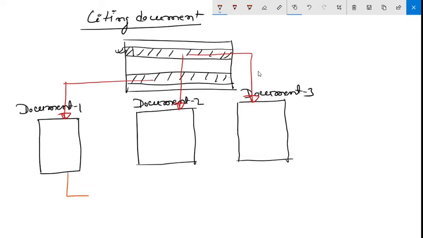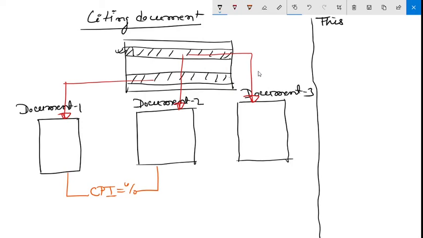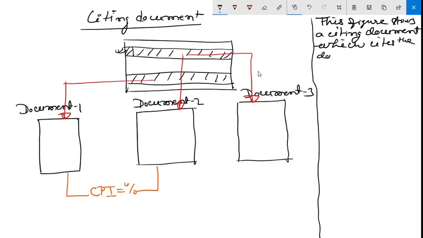Fine. So here we'll write it here. This figure shows a citing document which cites the documents 1, 2, and 3.